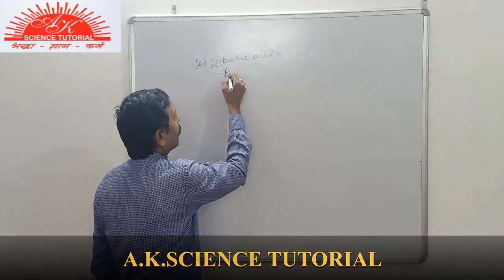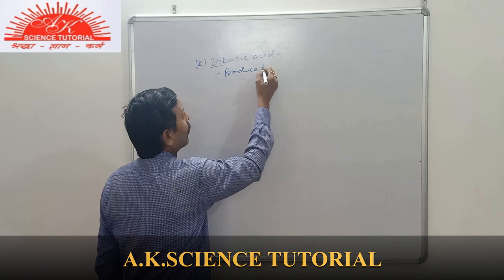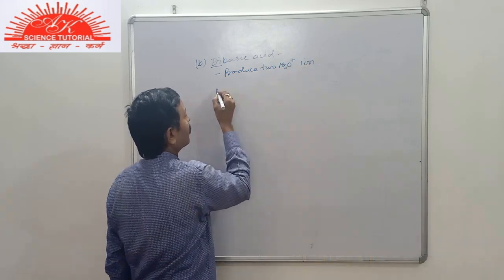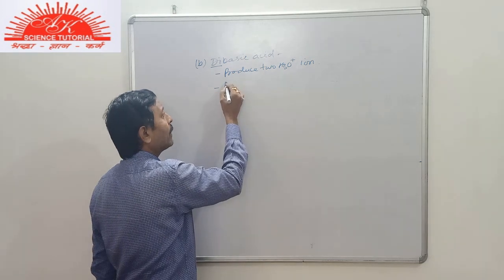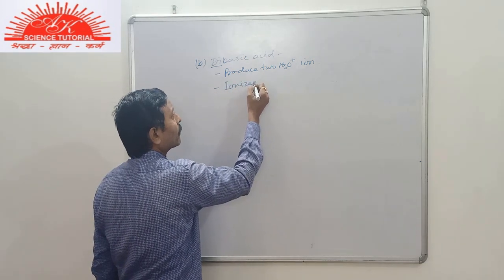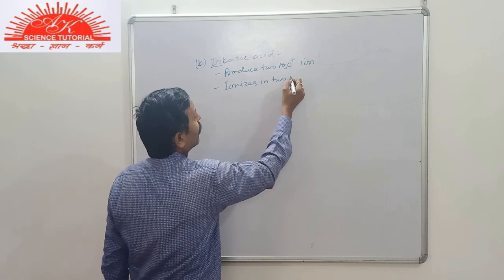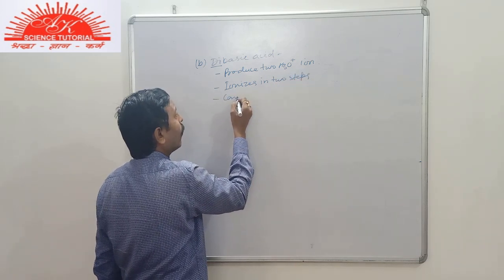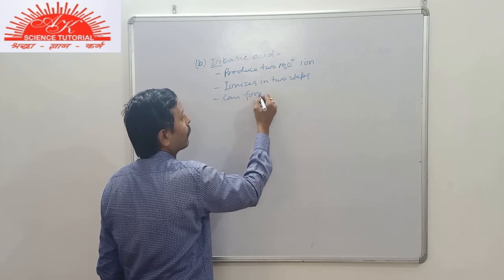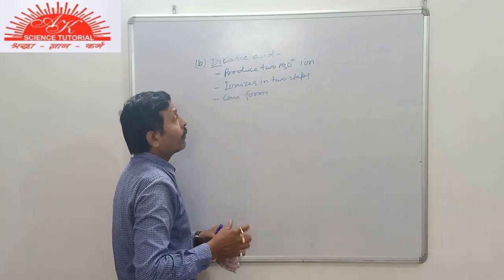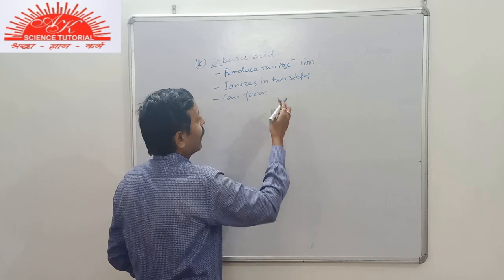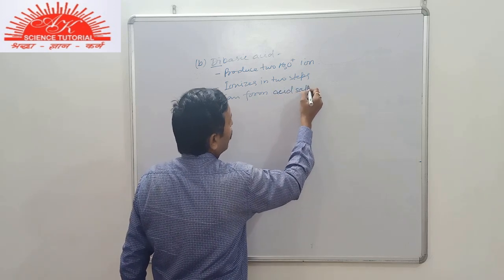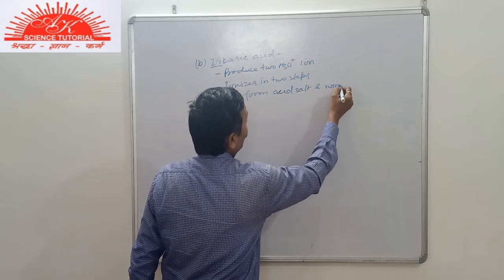That is, it produces 2 H3O plus ions, ionizes in two steps, and can form two types of salt, that is, acid salt and normal salt.